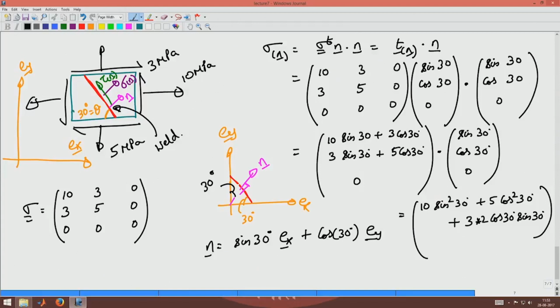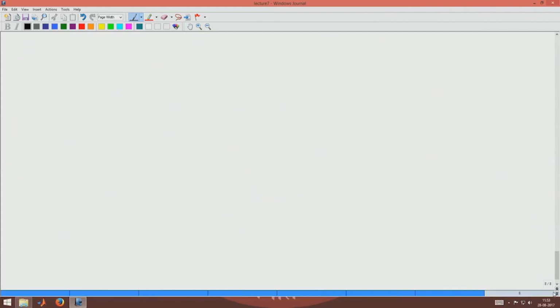Now, how do I find the shear stress? That is the question. Now, how do I find the shear stress tau of n? I will give you an expression in 3 dimensions. Tau of n would be a vector which is the traction minus sigma n times n. What I have taken advantage of is the fact that the shear stress will be a vector in the plane whose normal was n.